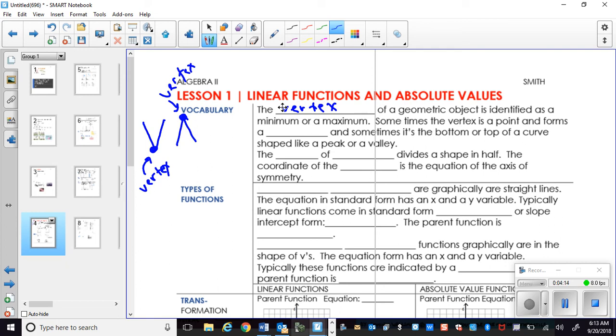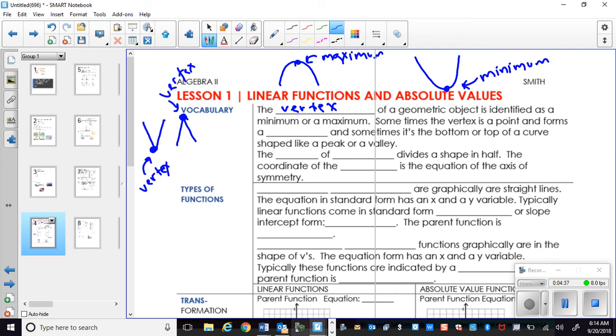But the vertex of a geometric object is identified as a minimum or a maximum. So here on a curve, the vertex is referred to as a maximum. On that absolute value equation, it's referred to as a maximum as well. Over here on this curve, this vertex is referred to as a minimum.